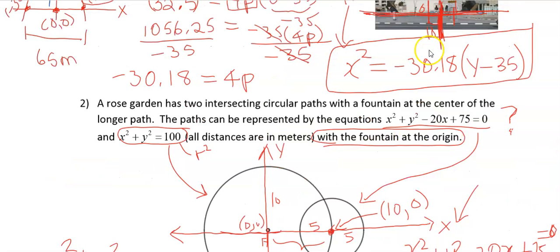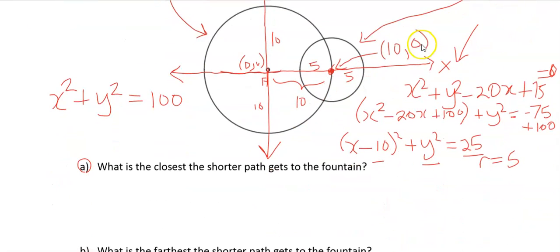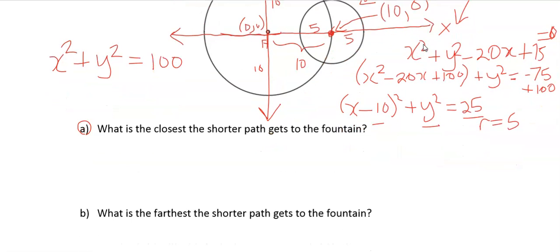And actually, if you look very carefully at that diagram now, we can answer part A, and I'm pretty sure we can answer part B as well. Because part A says, what is the closest that the shorter path, now remember that's the smaller circle, both of those circles are paths, gets to the fountain?